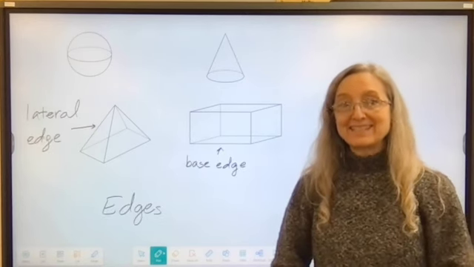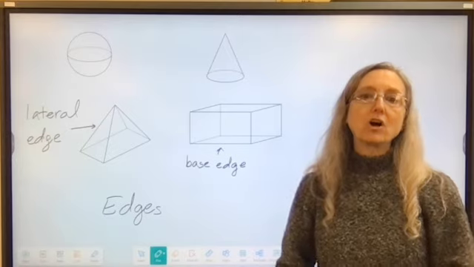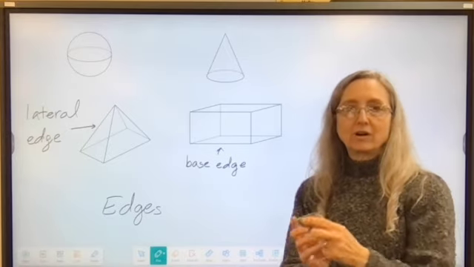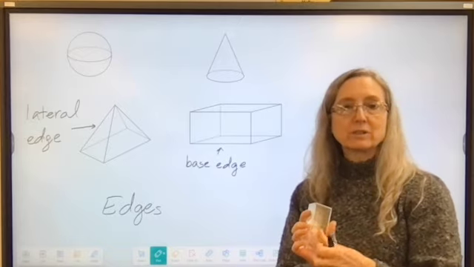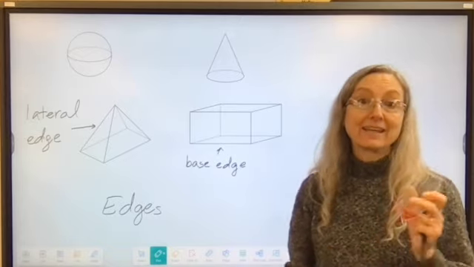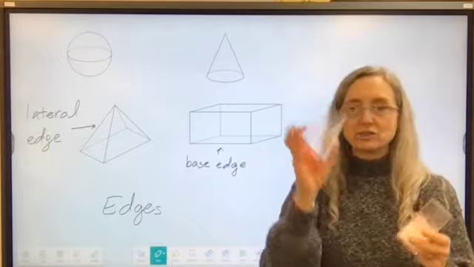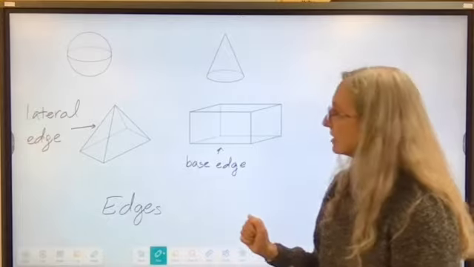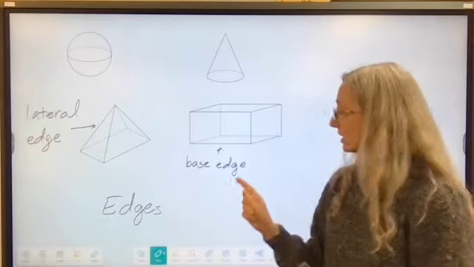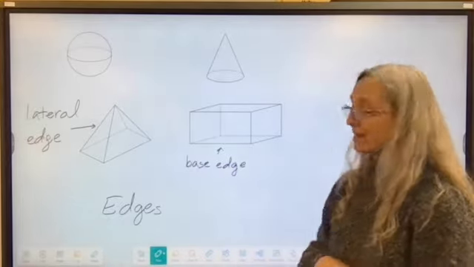The segments that connect those polygons are called edges. So this segment here that connects this rectangle with this rectangle, that's an edge. And I have several edges here. All these lines represent edges. We have two types of edges. We have the edges around the base.